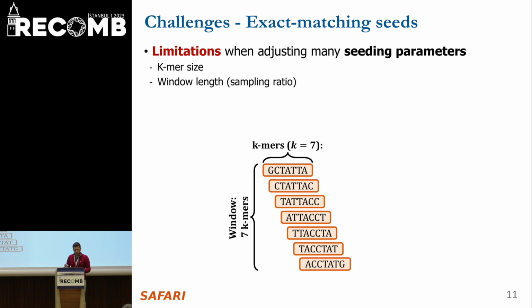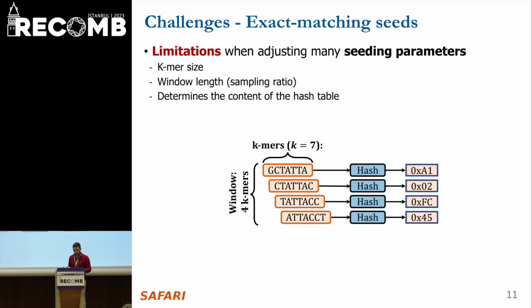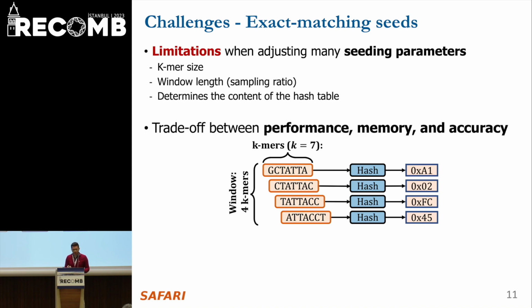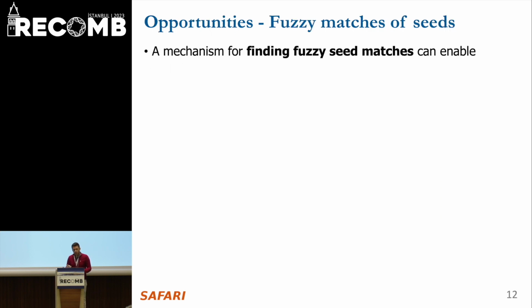Or, if we're working with minimizers, should we pick a long window or a short window? All these parameter choices determine the content of the hash table that we use to perform genome analysis, right? And there's a clear trade-off when exactly matching the seeds in terms of performance, memory, and accuracy.